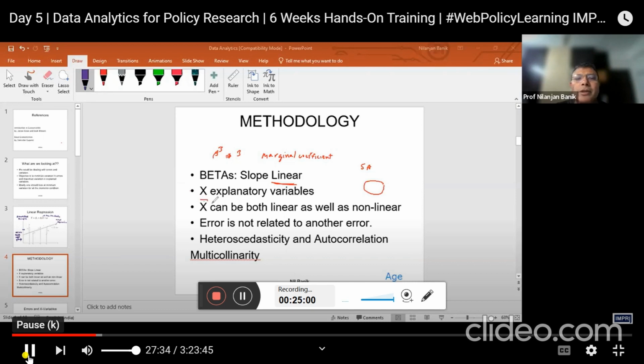X, on the other hand, can be non-linear. In fact, in most cases x is non-linear. The most useful example which I gave is your return to education, which is highly nonlinear.